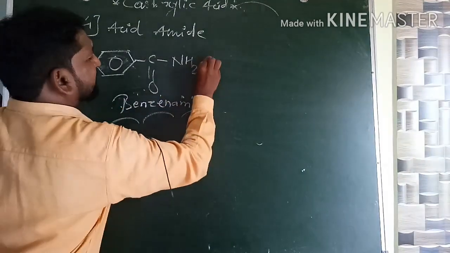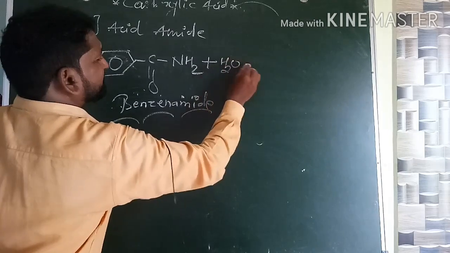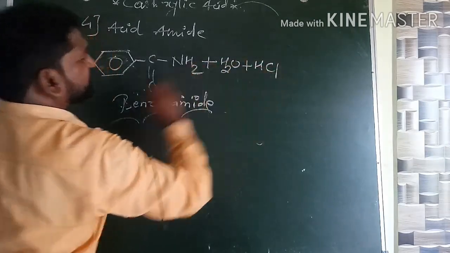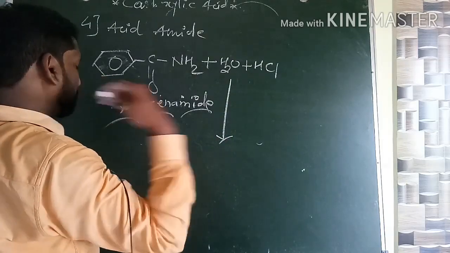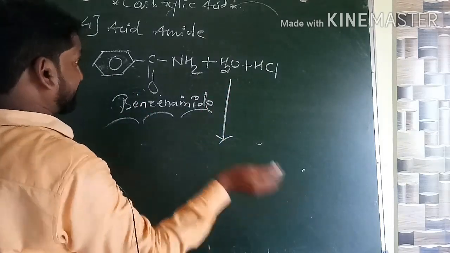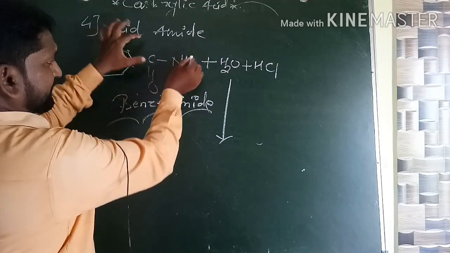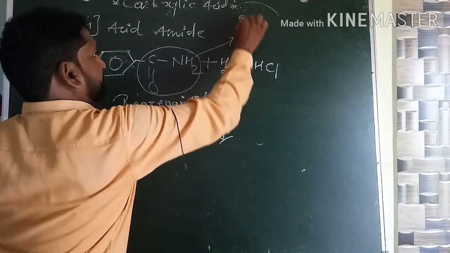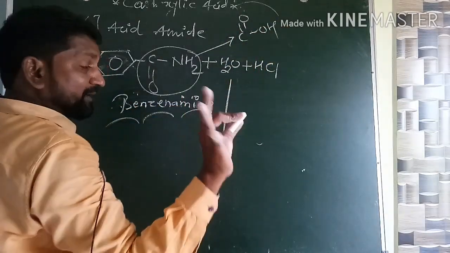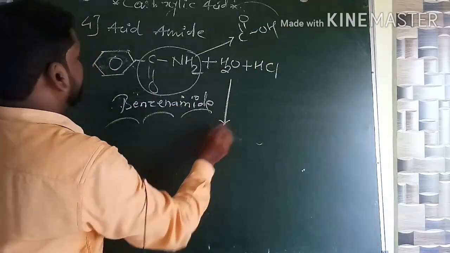So what is the reaction? Simple reaction is there, H2O, acid. Okay. Product. Don't bother about the product. We know what we have to write. Simply convert this group into the OH. That is the matter. So it will become what?